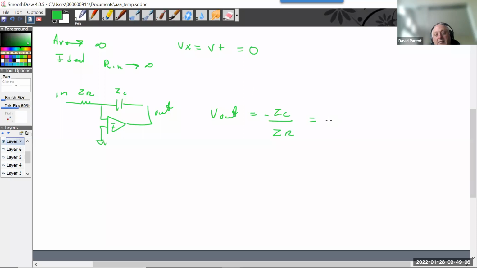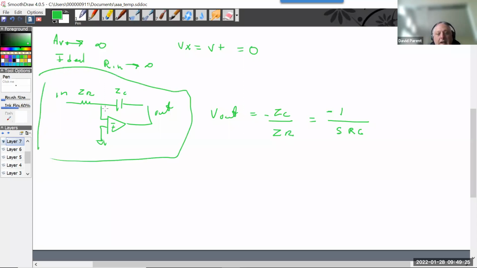From Wednesday's class, we get 1 over SRC, and that's inverted. All right. So this block has what you might have called gain in EE98, but we're going to give it a special name called the transfer function, and it's just called H, right?